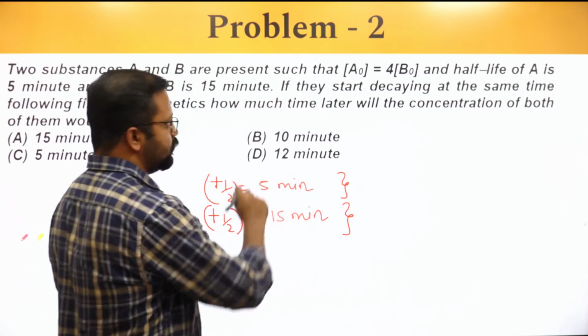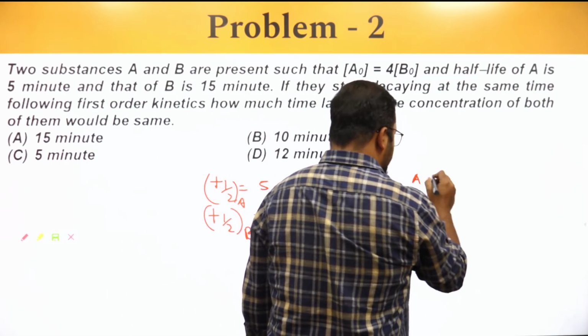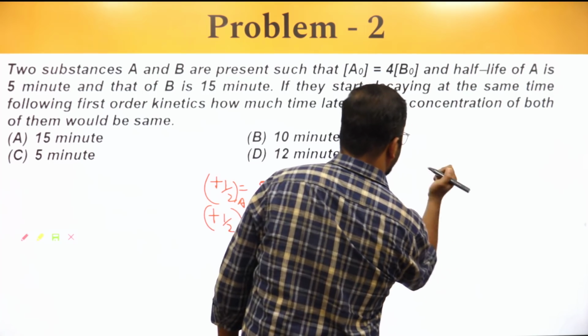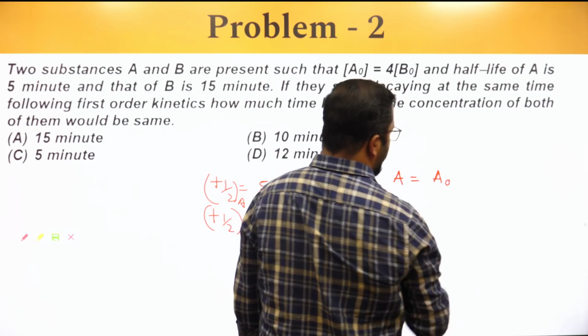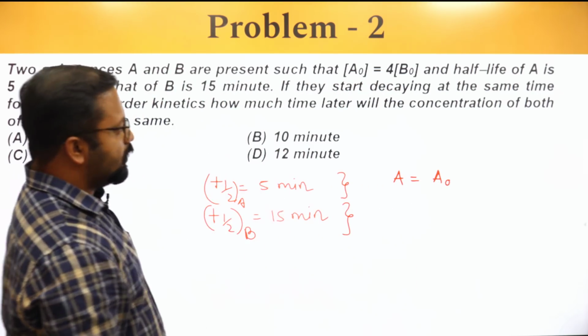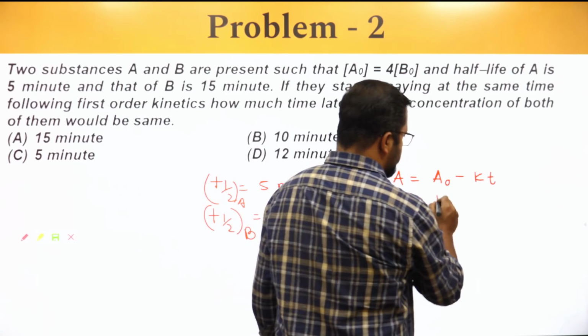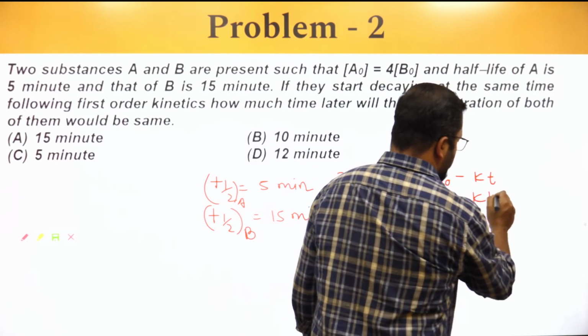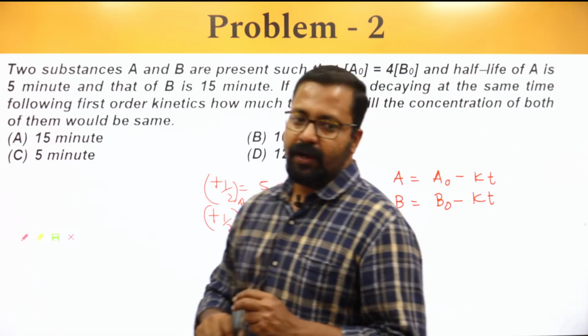Now let's use this equation. A naught is equal to 4B naught. I can write A is equal to A naught minus KT. B can be written as B naught minus KT.